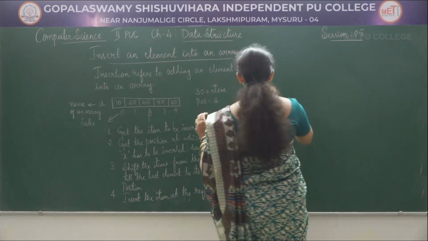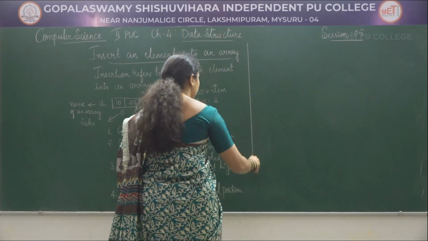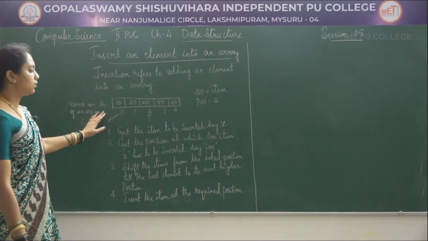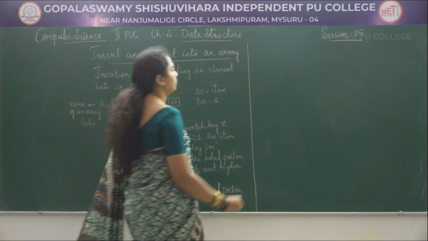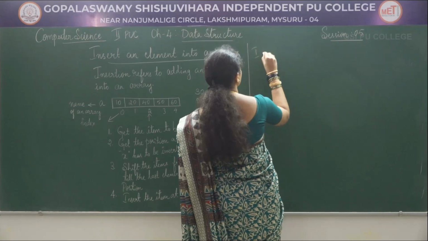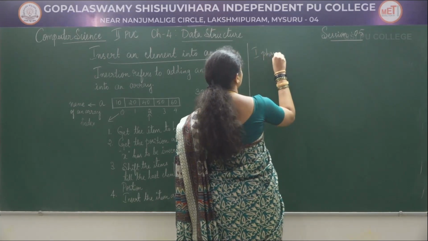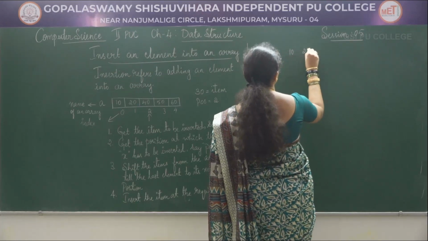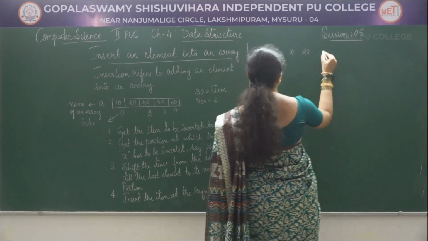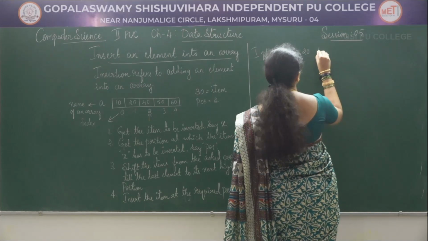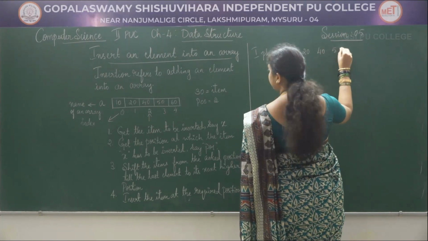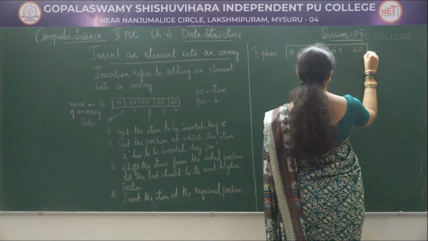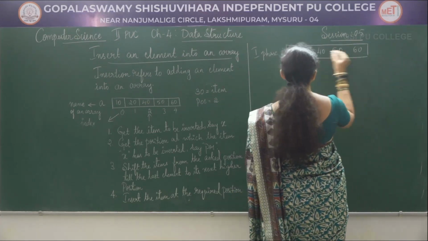So now add this item 30 into this array. An array A contains 10, 20, 40, 50 and 60 as its elements.